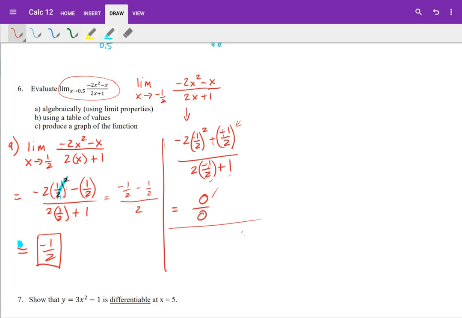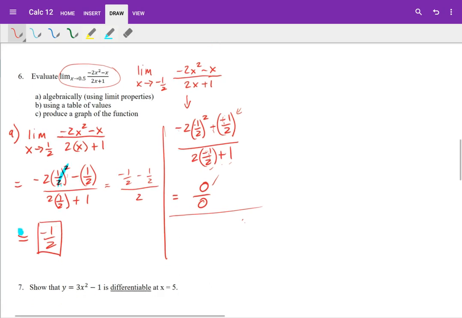And in order to do that, basically what I'm going to look at is factoring. I think I'm going to try and factor this. So I'm going to go ahead and do the limit as x approaches -1/2 of, I'm going to pull out a negative x from the top right there, right?